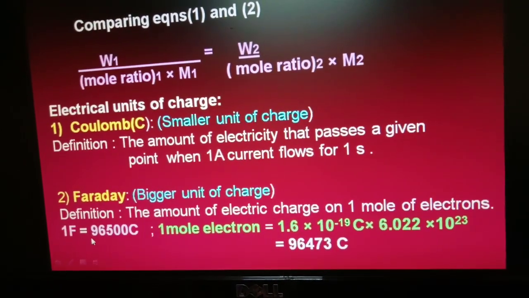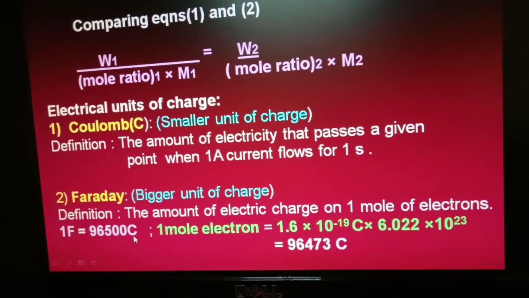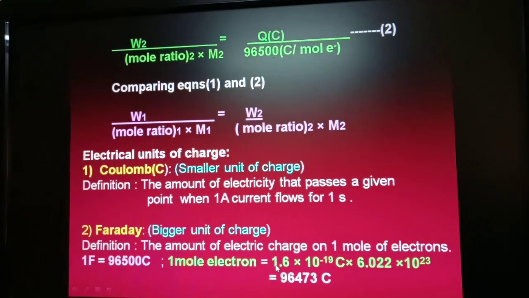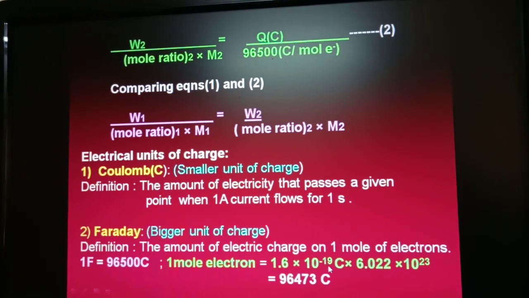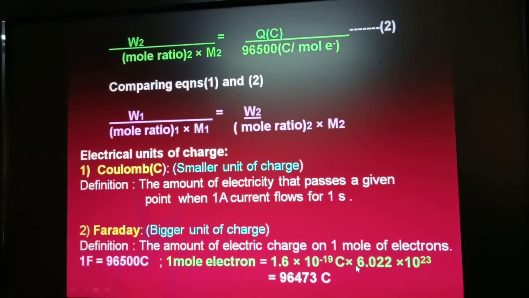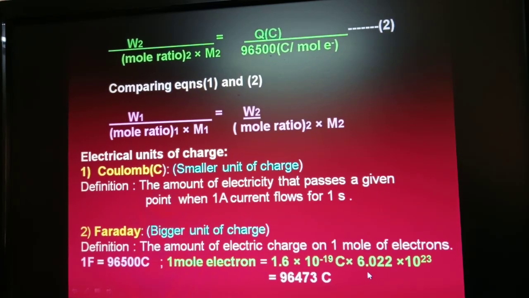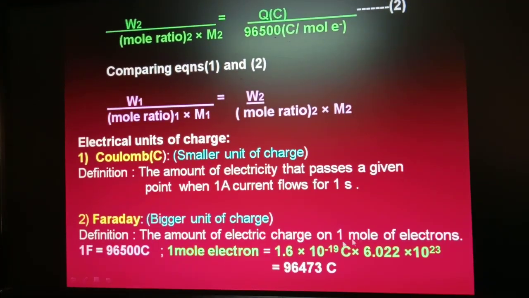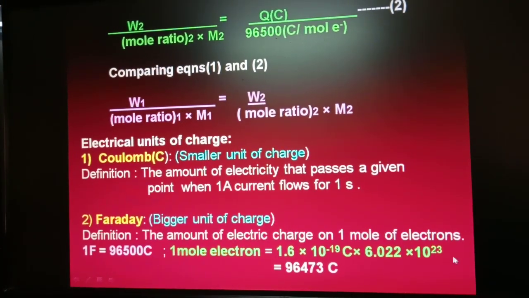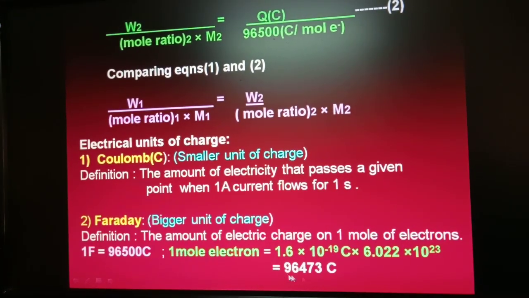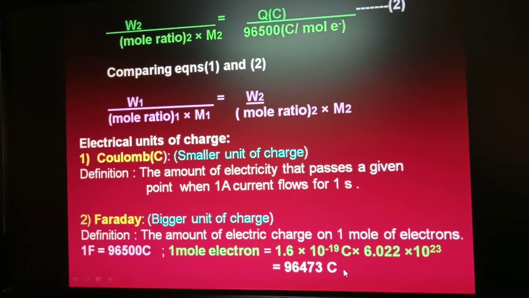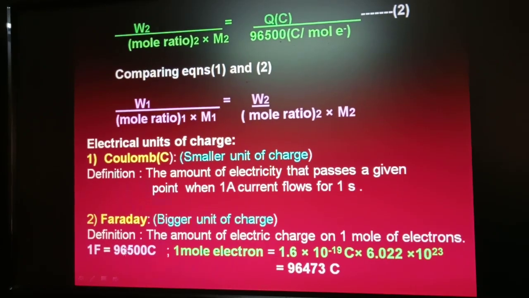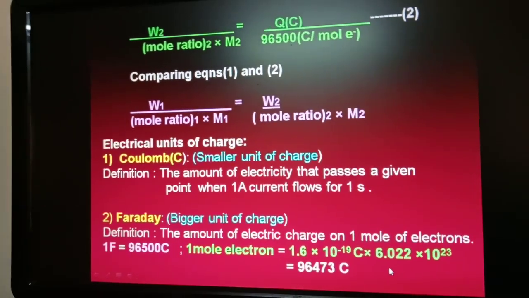So 1 Faraday is equal to 96,500 coulombs. 1 mole electron corresponds to 1.6 into 10 raised to minus 19 coulomb multiplied by Avogadro's number, that is 6.022 into 10 raised to 23, which when multiplied gives 96,473 coulomb, approximately equal to 96,500 coulomb.